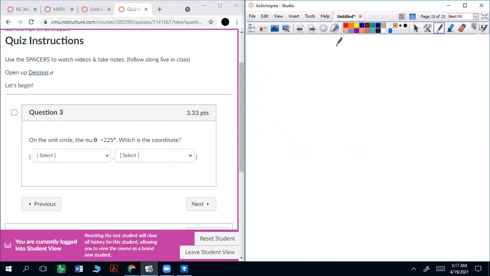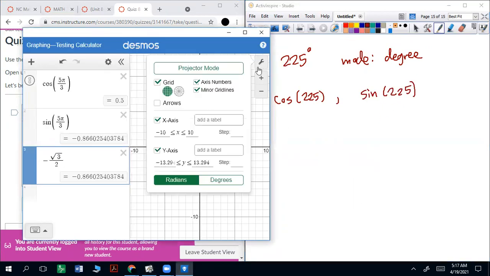All right, so for this one here, we're in degrees, right? 225 degrees. Make sure your mode is set to degree. And we're going to do the cosine of 225. That's your x. And then we're going to do sine of 225. So first, on Desmos, hit the wrench.